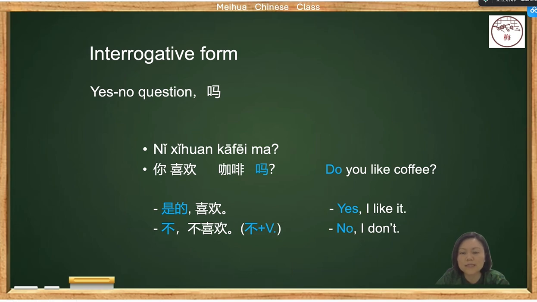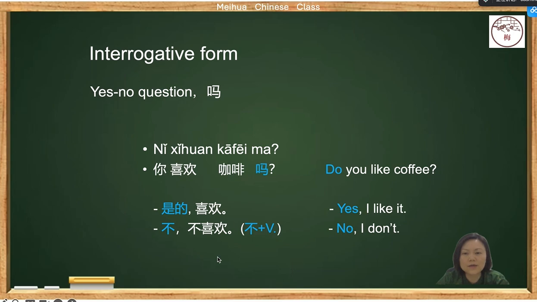We don't say, I don't like, or I don't, any verb here. We just say, I don't. We don't want to repeat the verb action in the answer. But in Chinese, we would like to double confirm whether we like it or we don't like it. 我喜欢 or 我不喜欢.